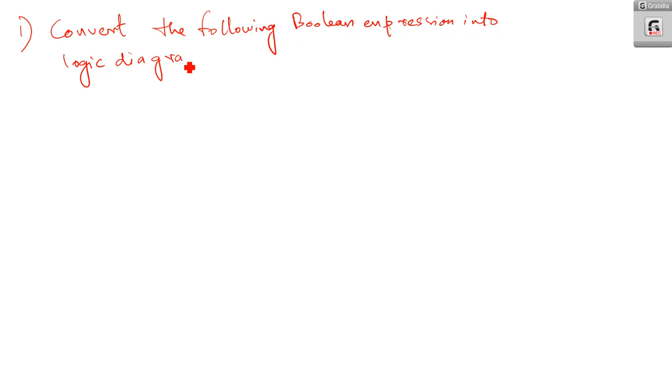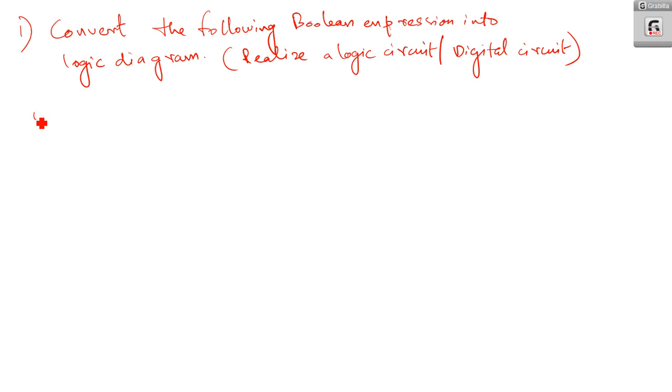Or the question can also be framed as realize a logic circuit or digital circuit for the following expression. Okay. So first question is F is equal to A B bar or A or (B or C) the whole bar.